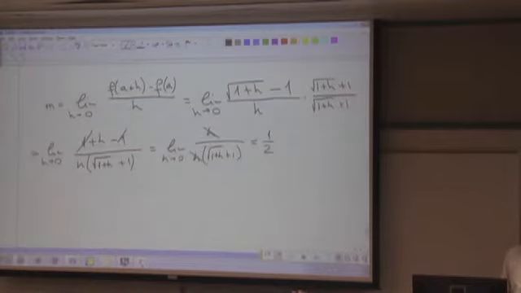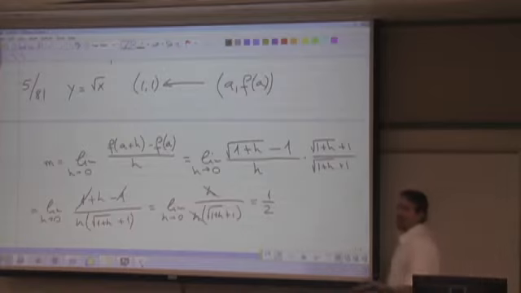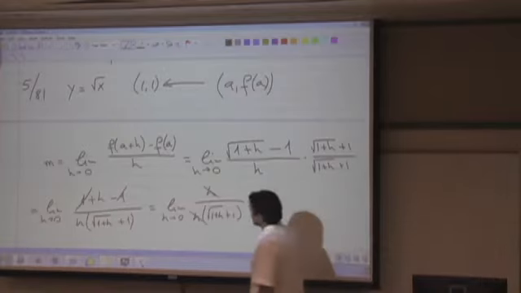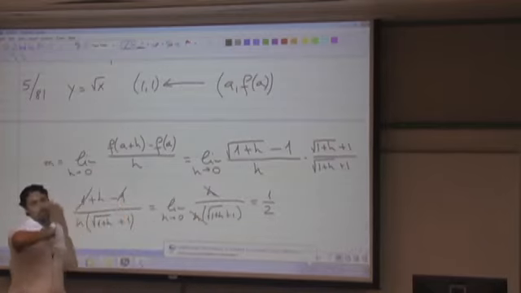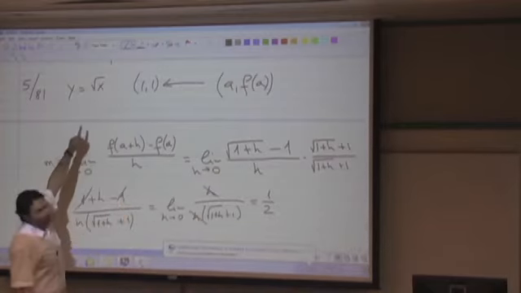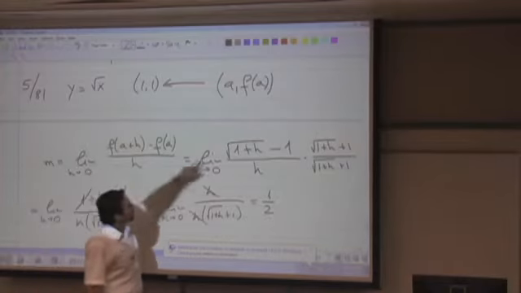So what is our answer? Yes? Can you show me how you got the f of a plus h in that argument? Well, remember, this point is a and f of a. Which means a is 1, f of a is 1. So if a is 1, I'm looking at f of 1 plus h. My function is square root of x, so whatever I have in this parenthesis, I replace x with.